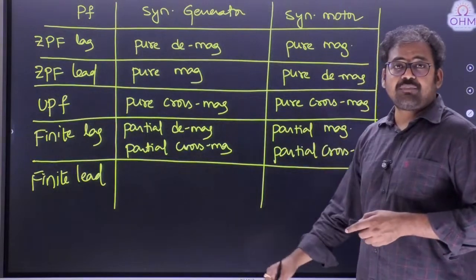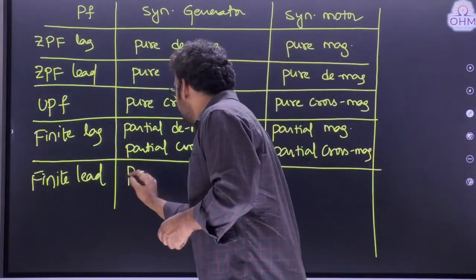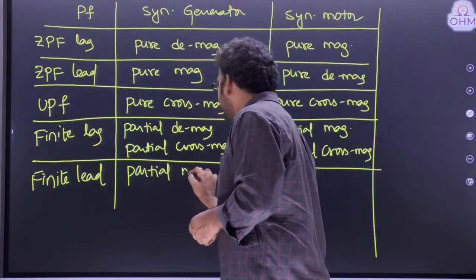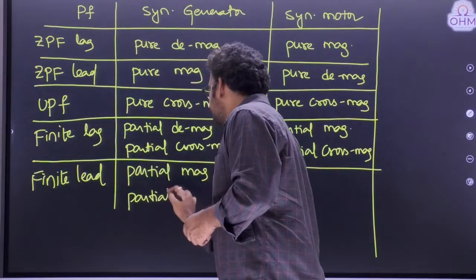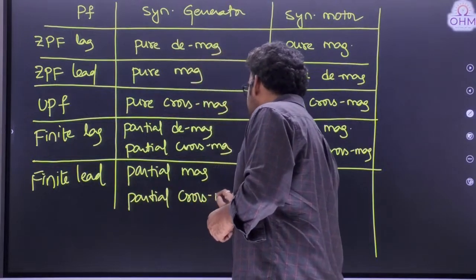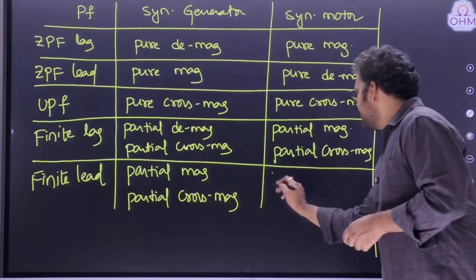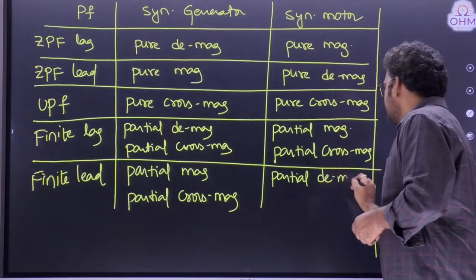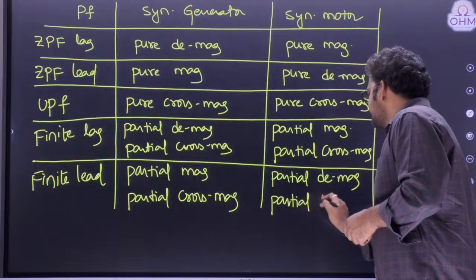What if you apply the same concept to finite leading power factor? In a generator, it is partial magnetization and partial cross magnetization. Coming to the synchronous motor, it will become partial demagnetization and partial cross magnetization.